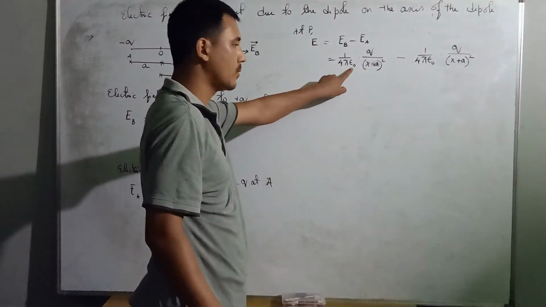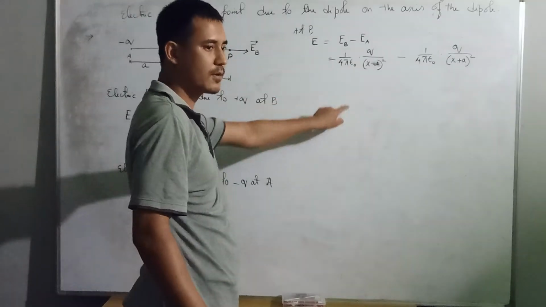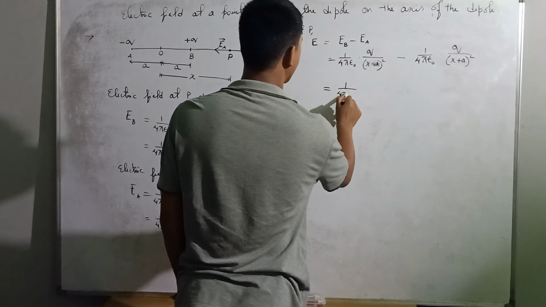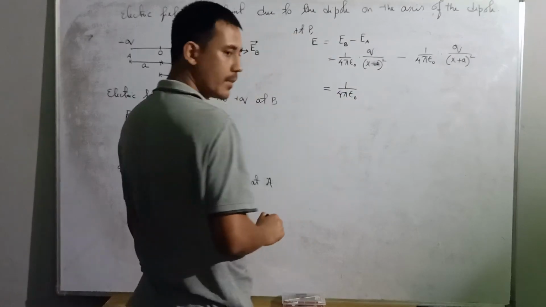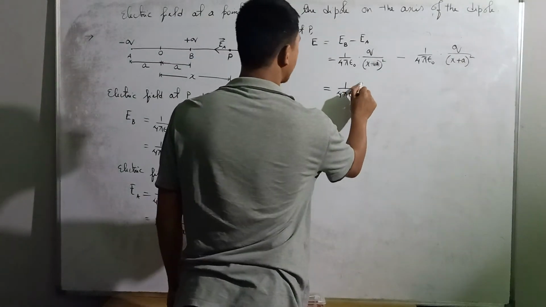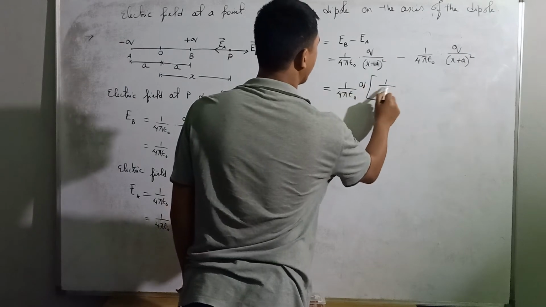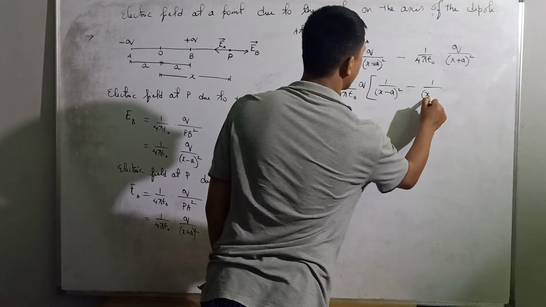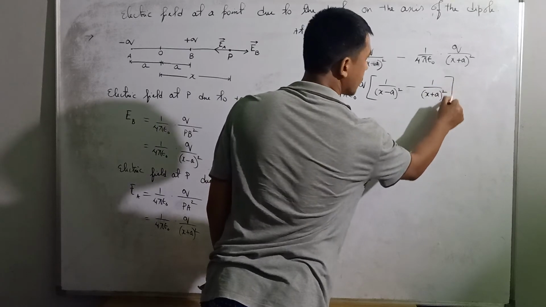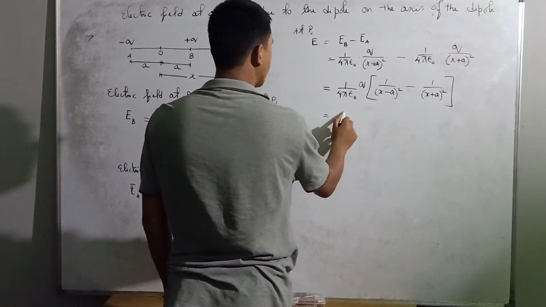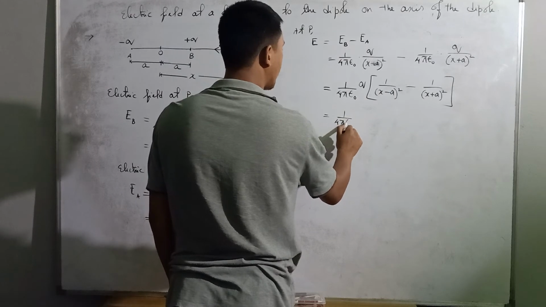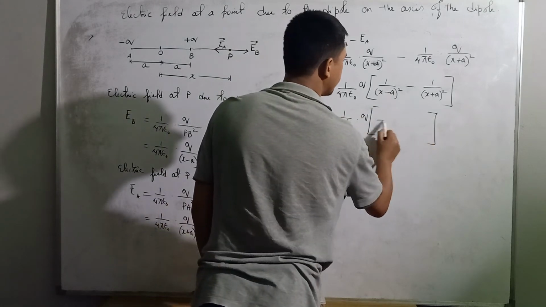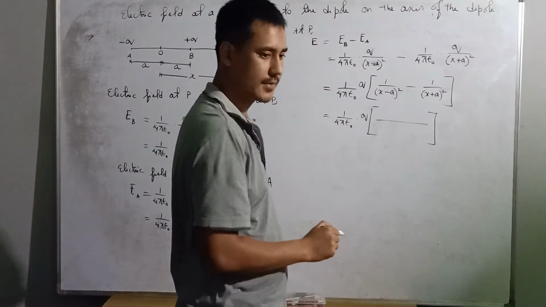I think you know what is epsilon naught. It is permittivity. So we can take Q common. Then we have 1 upon x minus A whole square minus 1 upon x plus A whole square, times 1 by 4 pi epsilon naught into Q. What will be the LCM?